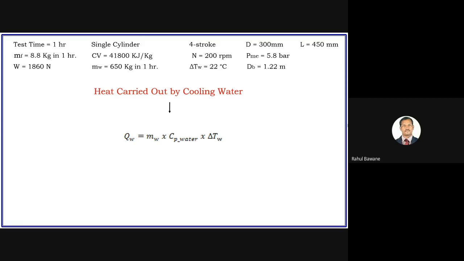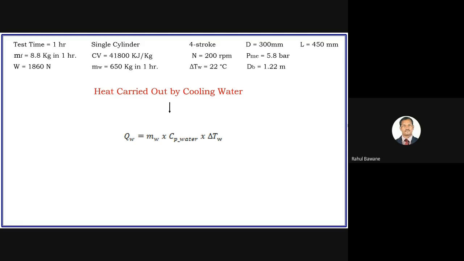So it is m Cp delta T, the very well-known formula to calculate heat. So heat carried out by cooling water is equal to the mass flow rate of water multiplied by Cp of water multiplied by the temperature rise of that cooling water. Cp of water is not given because it is a very standard value, 4.187, so we have to use that standard value.